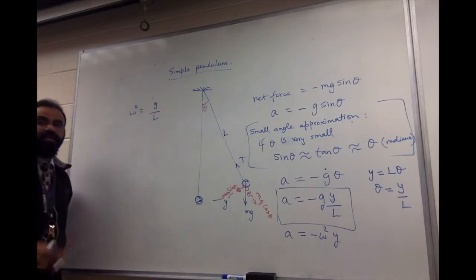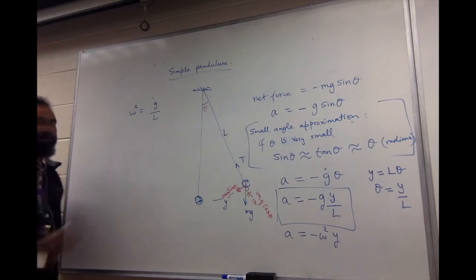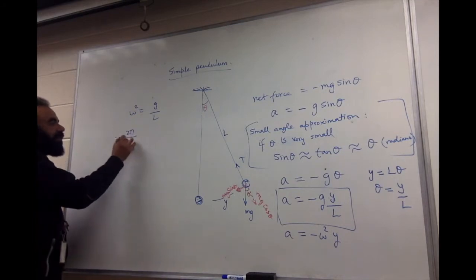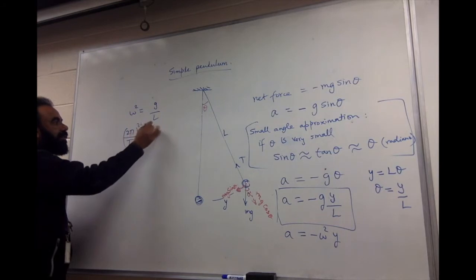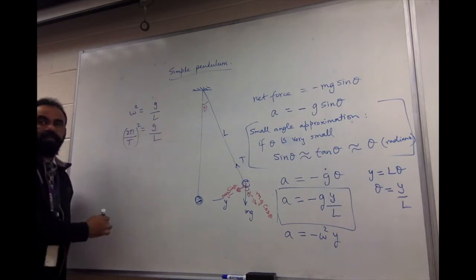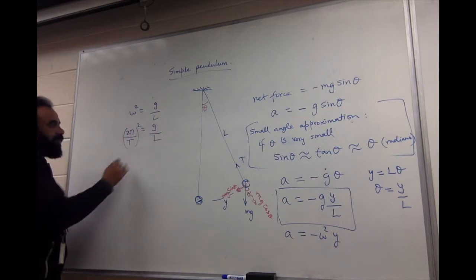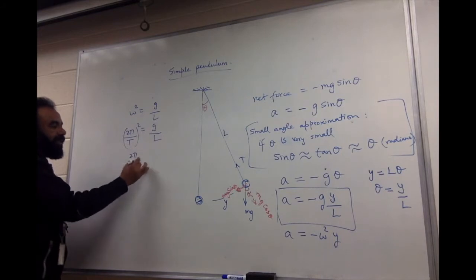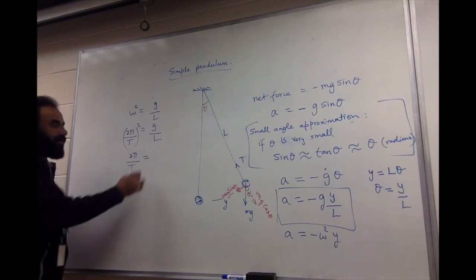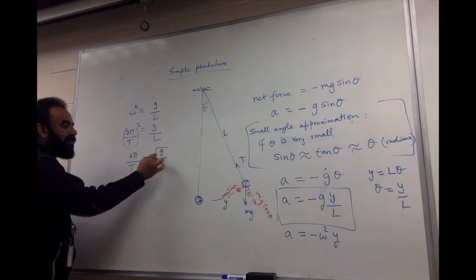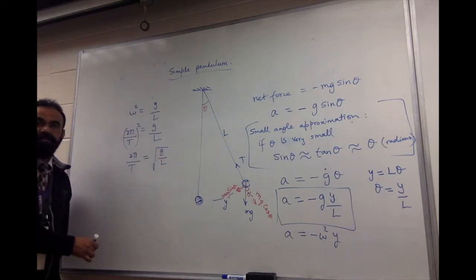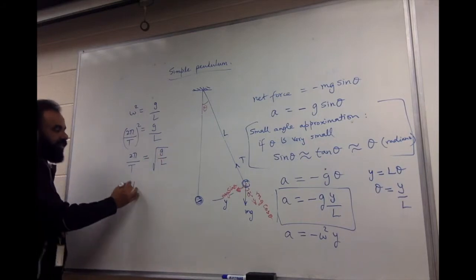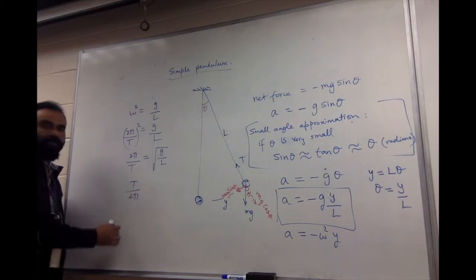And what is omega? 2 pi over capital T, right? So what is 2 pi over T? Square root of G over L. So what is T over 2 pi?